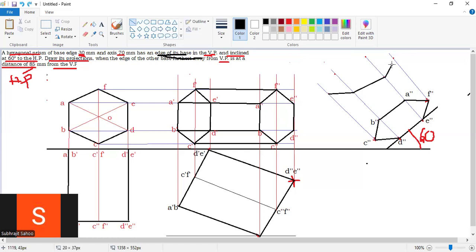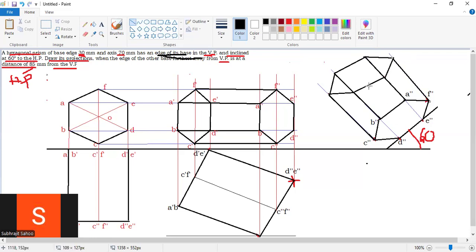Okay, we draw like this one. We take less time. Okay, here to here, join. Here to here, join. So now next, join here to here. Then join here to here. Join here to here.